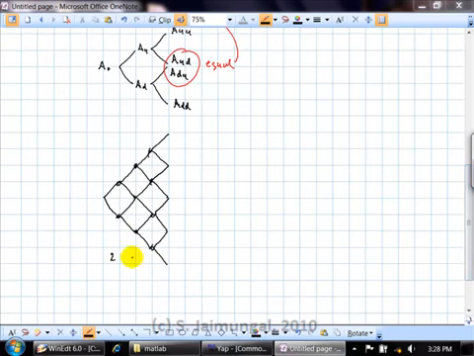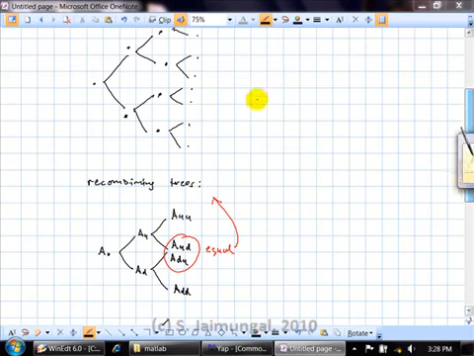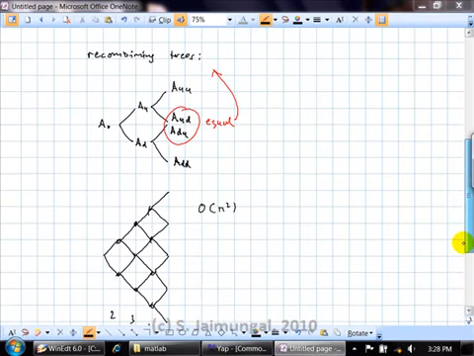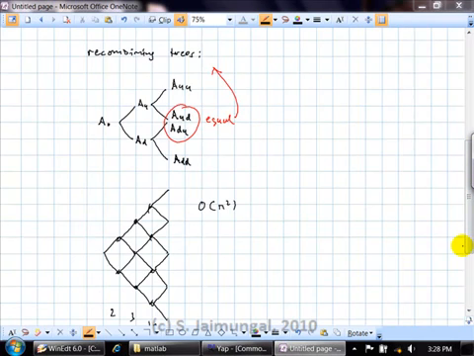So here you've got 2, here you've got 3, and here you've got 4 nodes, and if you sum them up, it'll grow quadratically. So this is big O of n squared. It's of order n squared, something like n times n minus 1 over 2. While here, this is of exponential order, clearly of a very different nature. So there's a huge advantage to doing this. Okay, make sense? That's why we're going to use recombining.